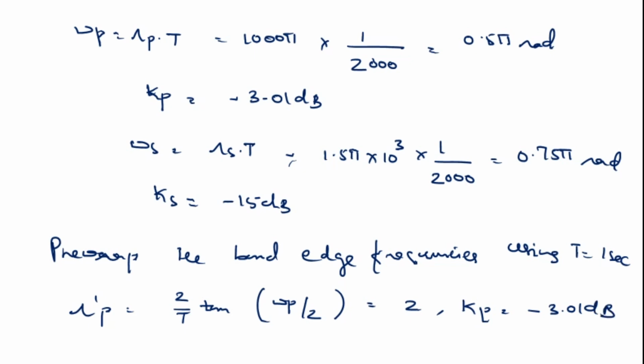Ohm dash S is equal to 2 by T tan omega S by 2, which is equal to 4.8282, with Ks equal to minus 15 decibels.